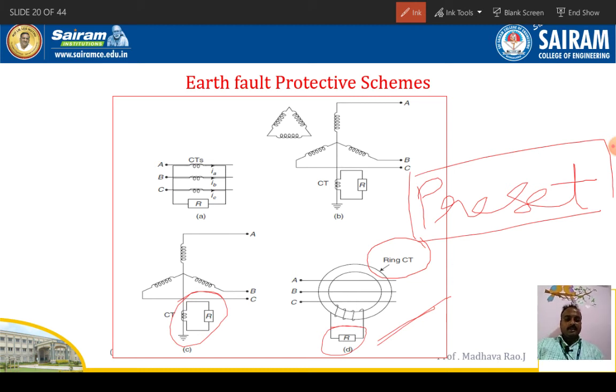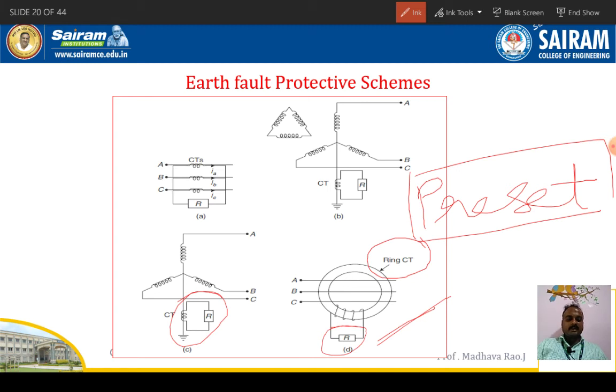So coming to the plug setting, here we are also considering plug settings. Plug settings range from 20% to 80% of the CT current, where 20% is the minimum and 80% is the maximum.